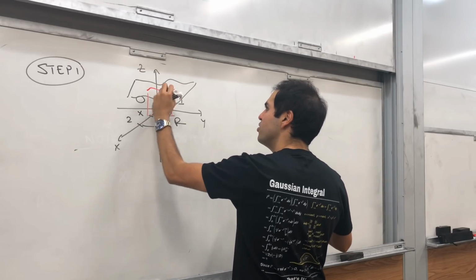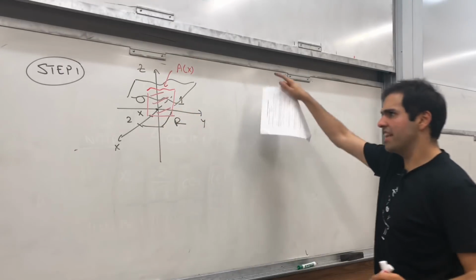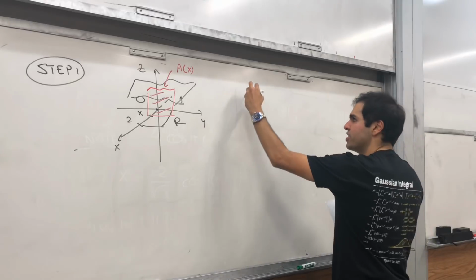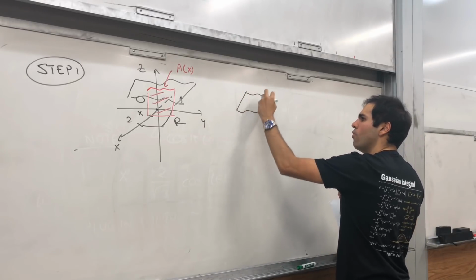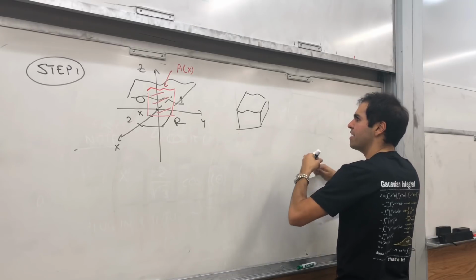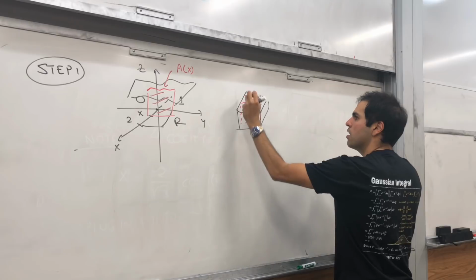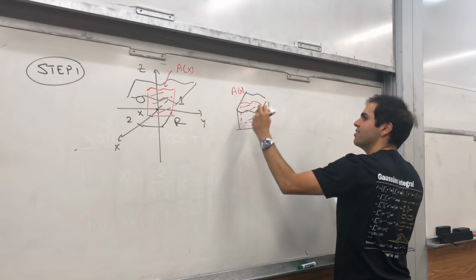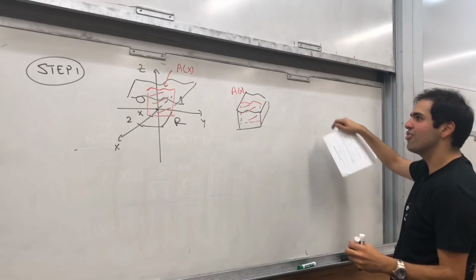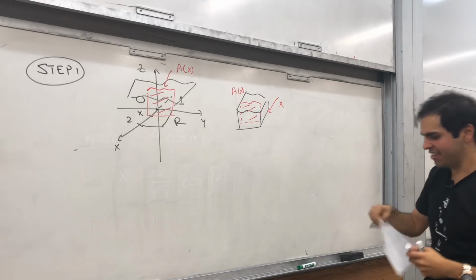We consider those slices a of x, and then we integrate a of x in the x direction to hopefully get the whole volume under the curve. So a of x is the integral with respect to y of your function f, and then we integrate this with respect to x.